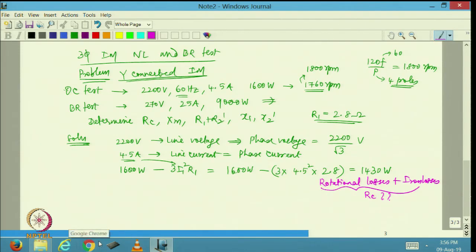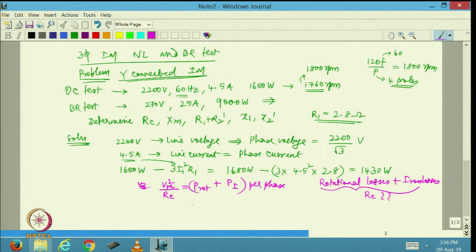So, for RC, let me write V square divided by RC will be P rotational plus P iron per phase. Very clearly, this also should be per phase voltage.